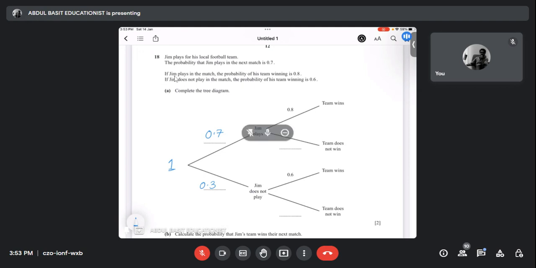Now, if Jim plays in the match, the probability of his team winning is 0.8. So it means that if he plays, 0.8 is winning, so 0.2 is losing. If 0.6 is winning, so 0.4 is losing. Is this clear, everybody?